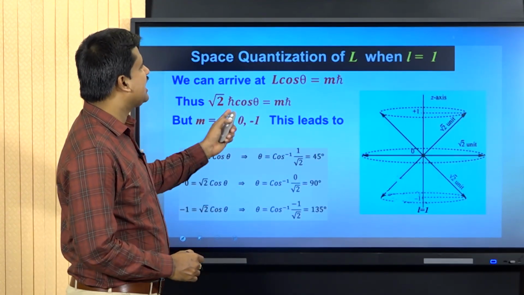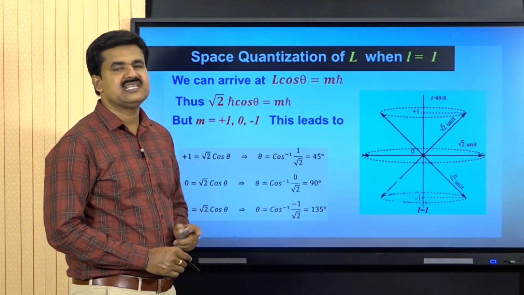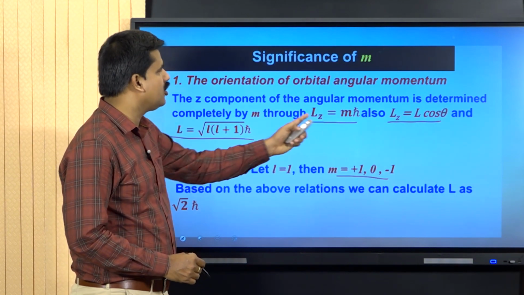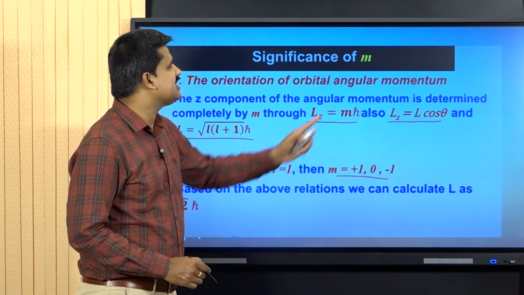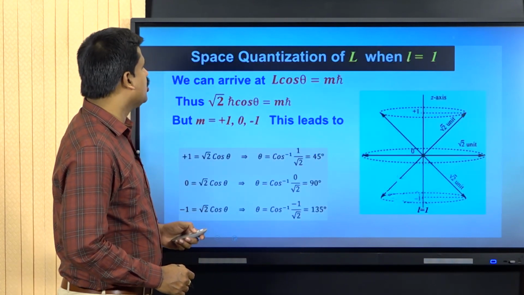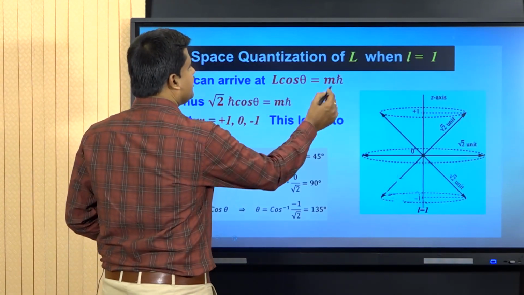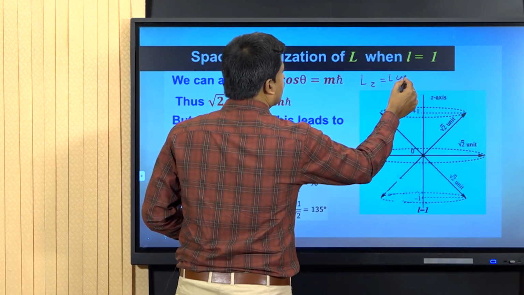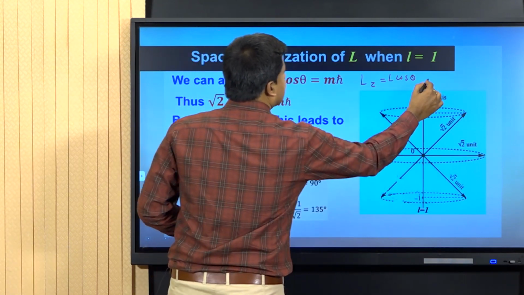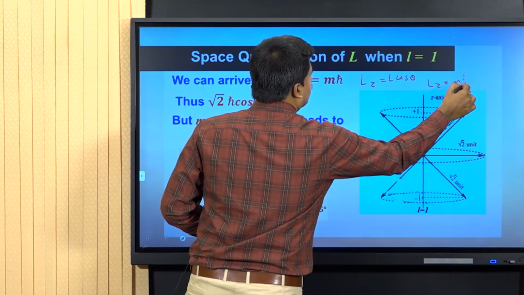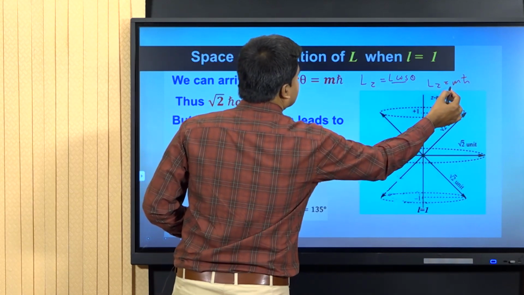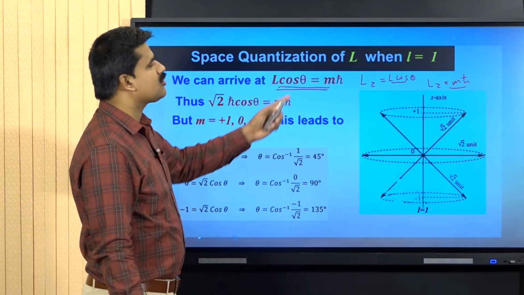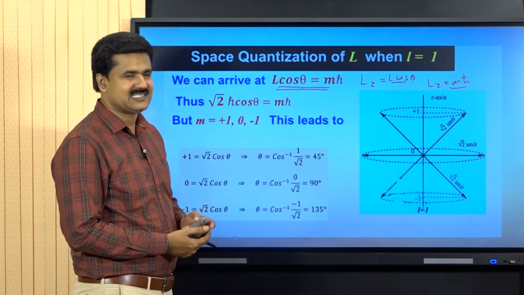We can arrive at L cos theta is equal to m ħ because Lz is equal to L cos theta, and Lz is equal to m ħ. Equating the right hand sides, we get this relation: capital L cos theta is equal to m ħ.